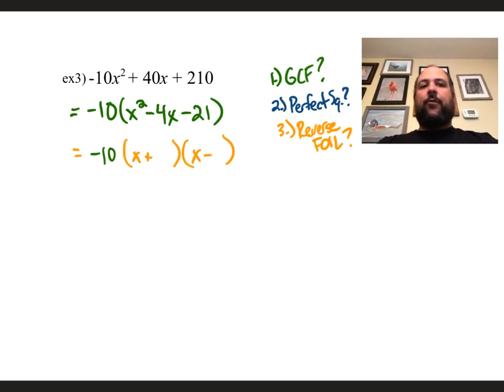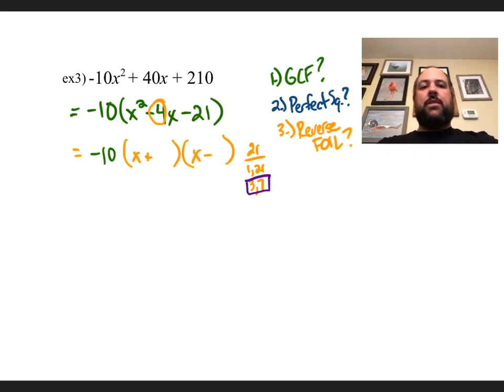And then I want to force my last multiplication to give me 21. So if I'm thinking about what my factors of 21 are, I have 1 and 21, or I have 3 and 7. And the key here is that when I do my check and I add them together, I should get -4. Well, that means I definitely want to go with the 3 and the 7.